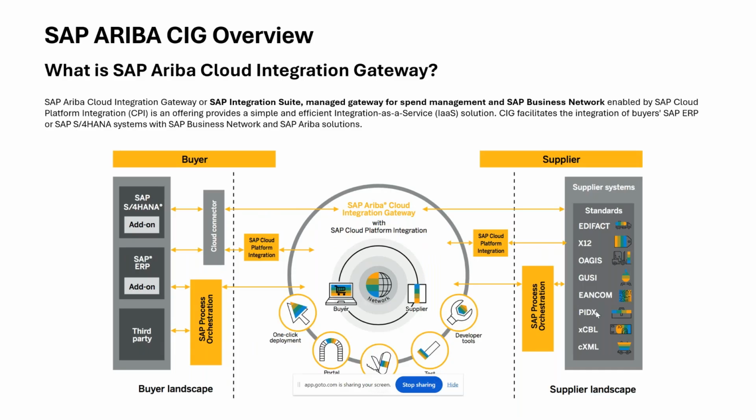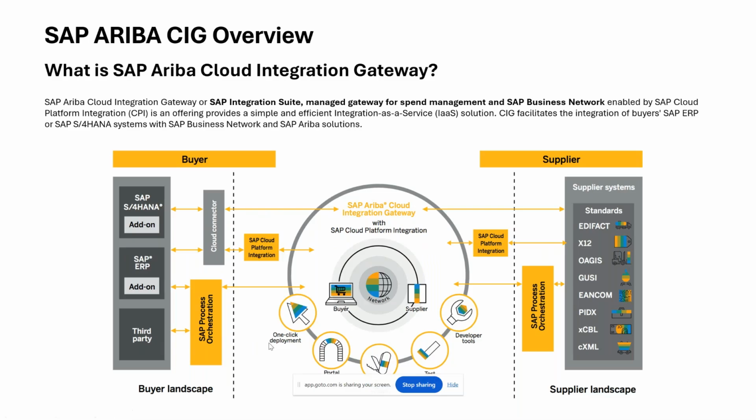If they want to integrate their ERPs with the supplier portal of the business network, they can again use Ariba CIG to connect their supplier ERPs to CIG, in order to post these purchase orders, whatever they receive in the supplier business network, to their ERPs. Even that is possible. Suppliers can also use this Ariba CIG, not just buyers.